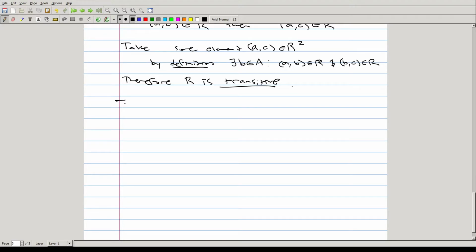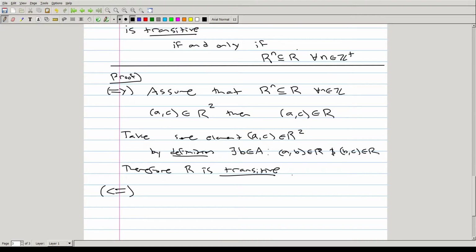The second part of the proof, the backwards part, is the part where we actually do use this assumption for all n in Z+, and it's actually proved by induction.